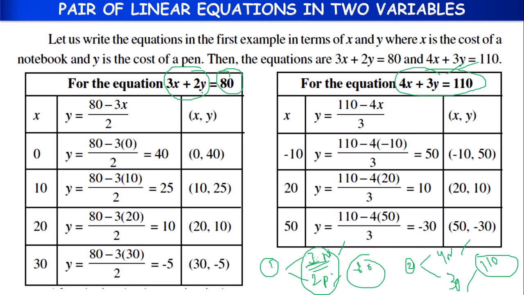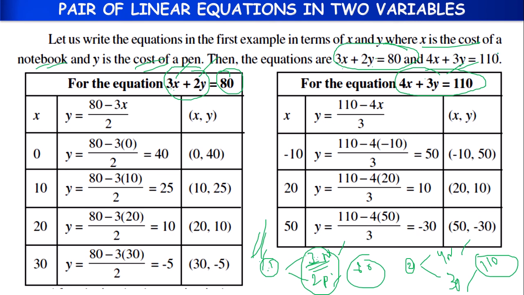Like that, we have 2 situations, which are defined in 2 variables, X and Y, where X is the cost of a notebook and Y is the cost of a pen. So 3X plus 2Y equal to 80 is the equation of the situation of the first girl.